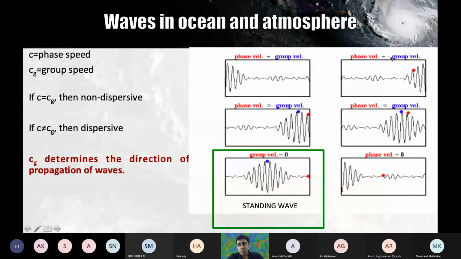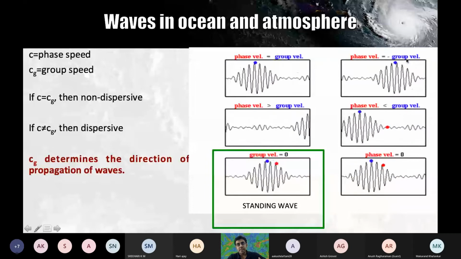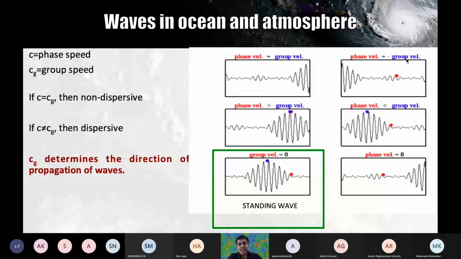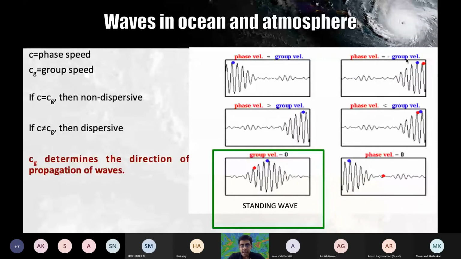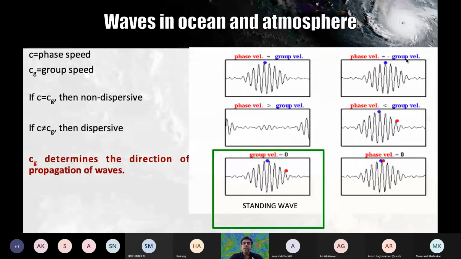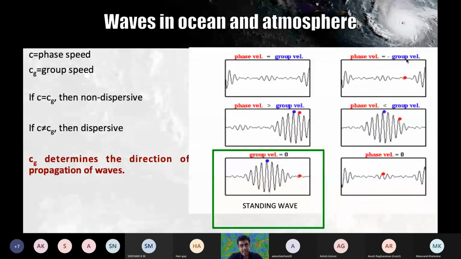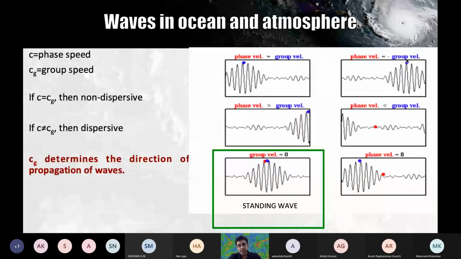If the phase velocity is equal to minus the group velocity, then the wave is moving in one direction, but the energy is being transferred in the other direction. That has a very important connotation, because although the wave is moving from east to west, the energy is moving from west to east.